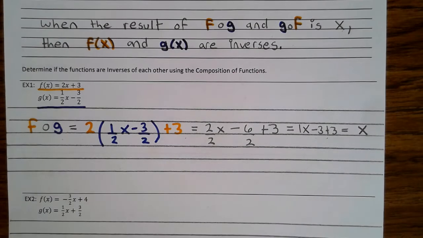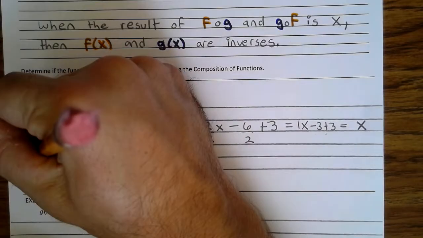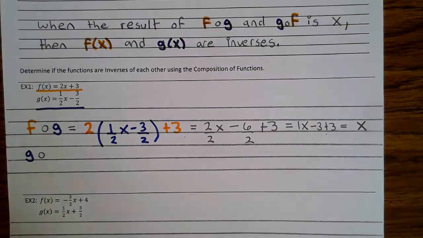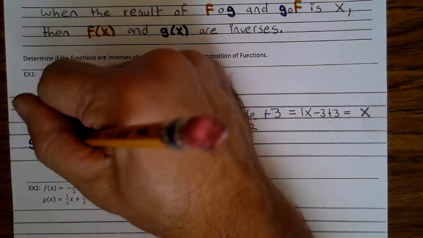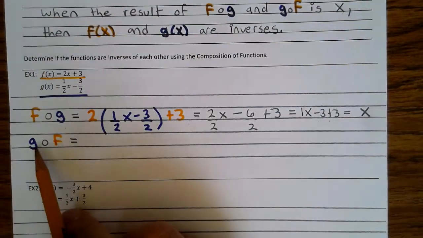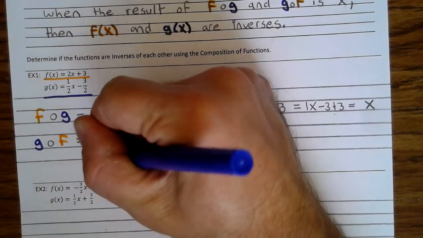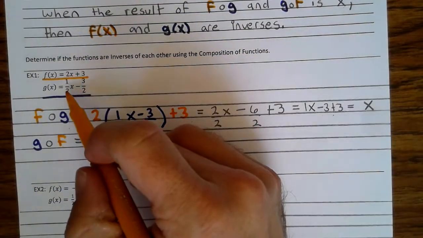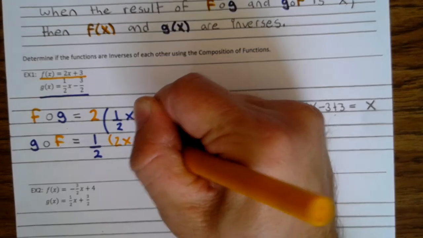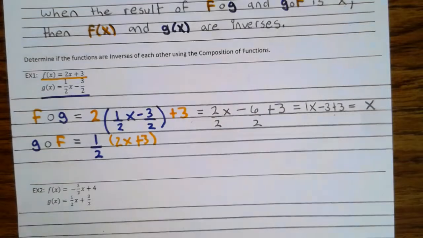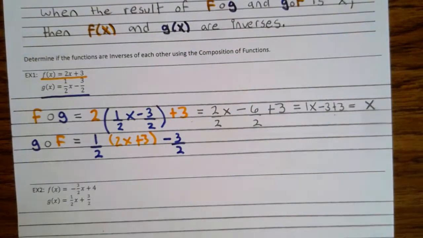So now we're going to do g of f. So now we're going to put f of x into g. So that's 1/2. Now all of this is going into x, so 2x plus 3 minus 3 divided by 2.